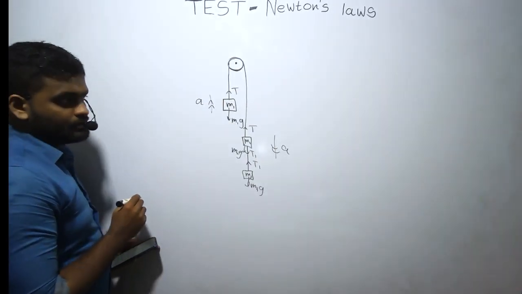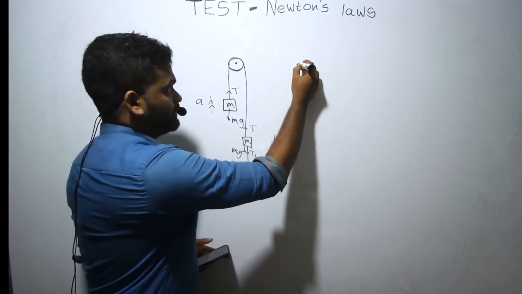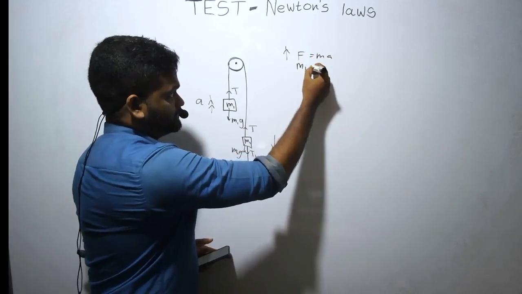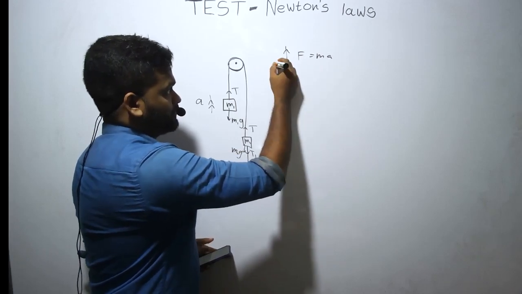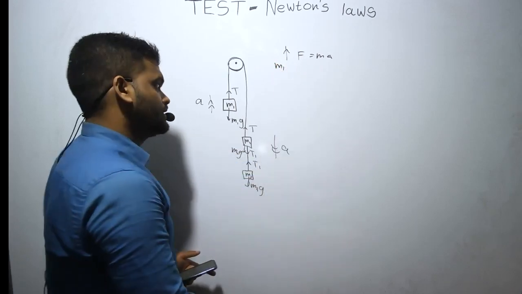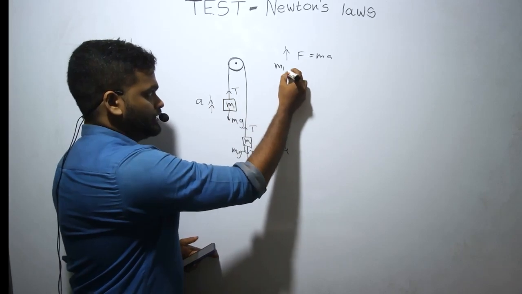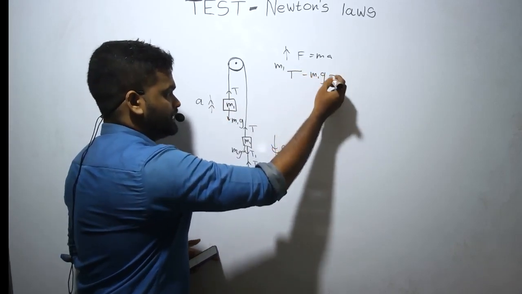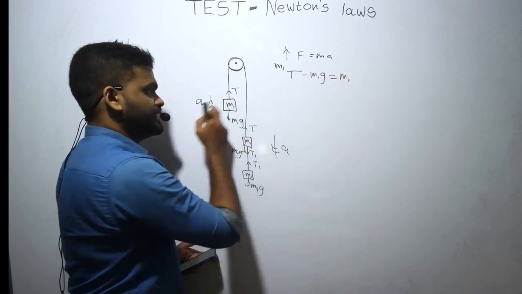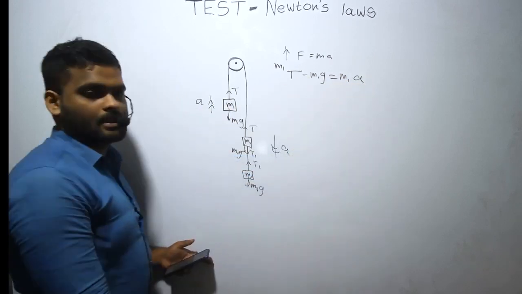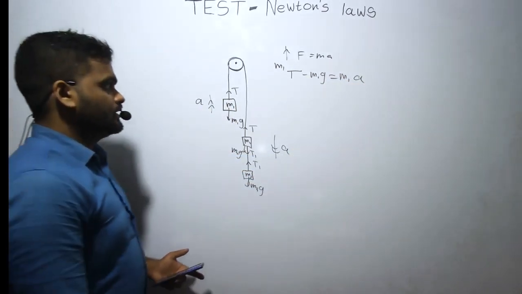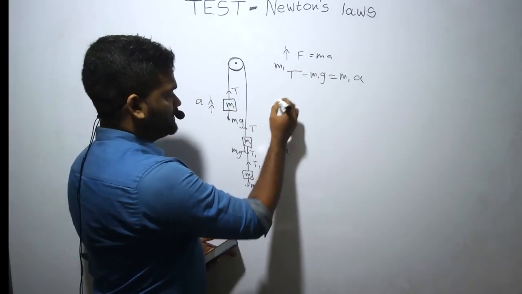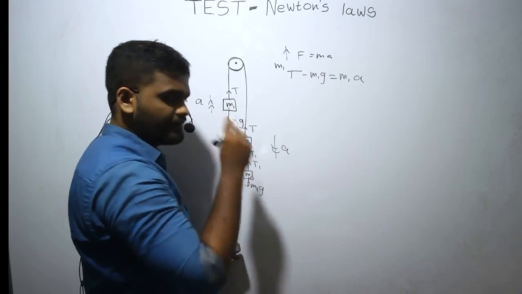So this is what I'm going to do. First, I'm going to apply F equals ma to M1 upwards. What are the forces on M1? T minus M1G equals M1 times acceleration A. Then I'm going to apply the equation to M2 and M3 together.